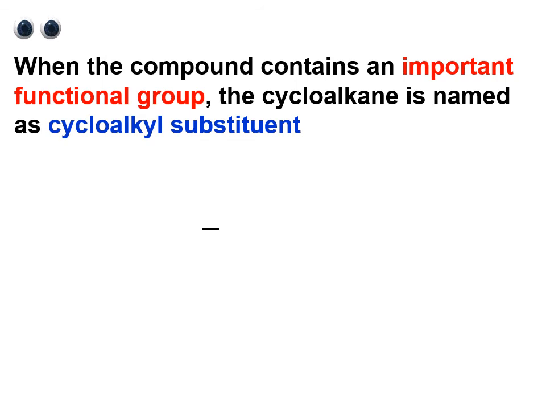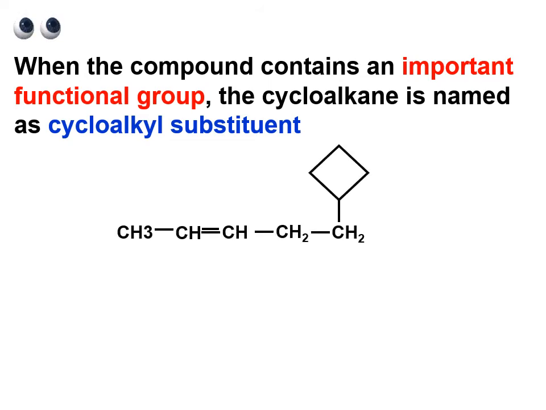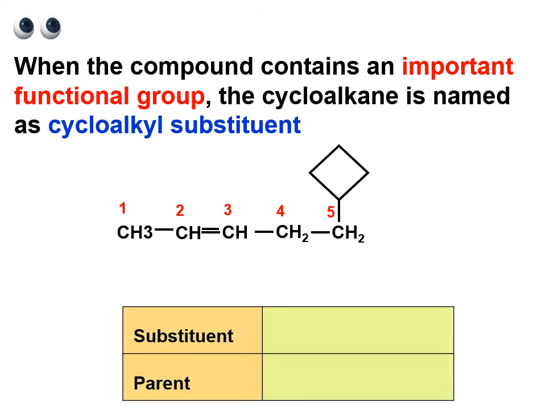When the compound contains an important functional group, the cycloalkane is named as a cycloalkyl substituent. Example: this compound has a functional group, an alkene. In this situation, the substituent should be 5-cyclobutyl and the parent should be 2-pentene.